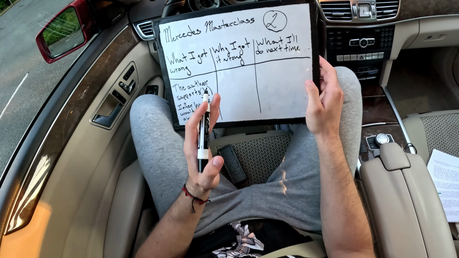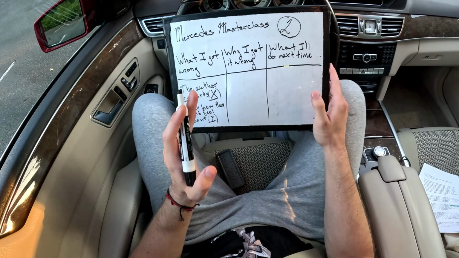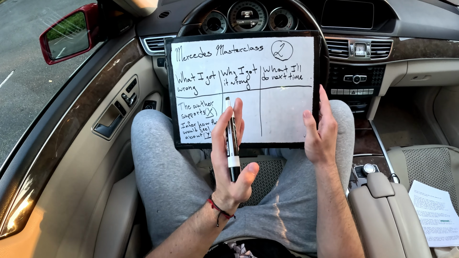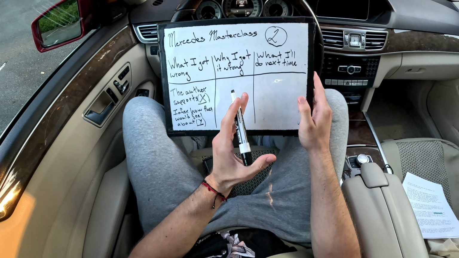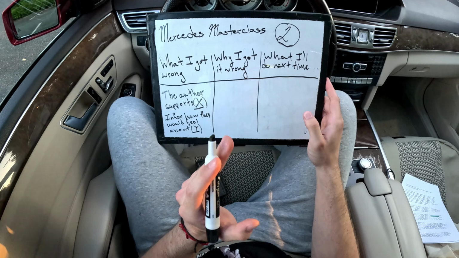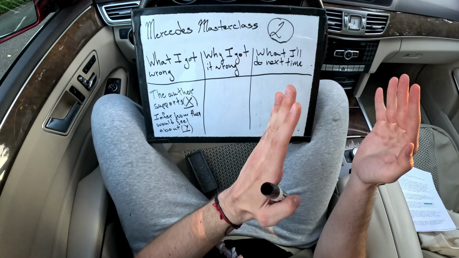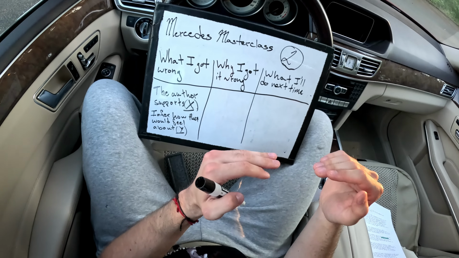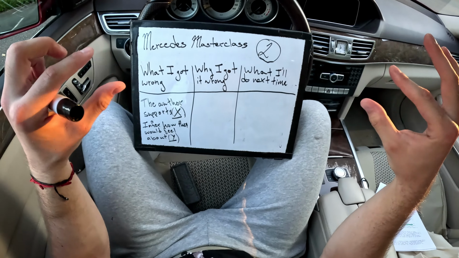Now, when we move on to why I got it wrong, basically what we're doing here is figuring out what we can attribute our incorrect answer to. We want to read through why our incorrect answer is incorrect, really understand what our incorrect answer means, and then compare it against the correct answer and what the correct answer means and why exactly it is correct.